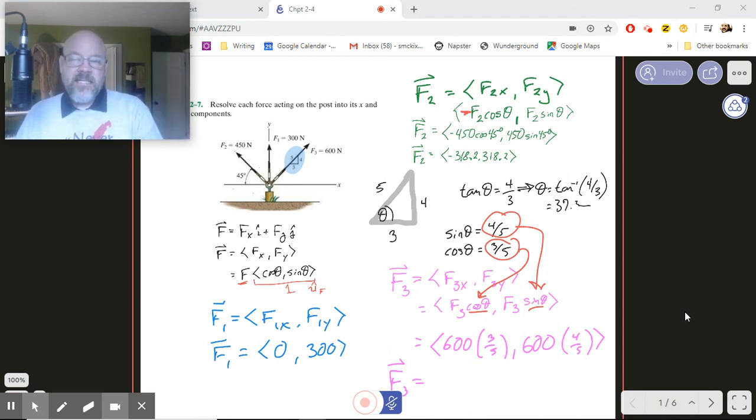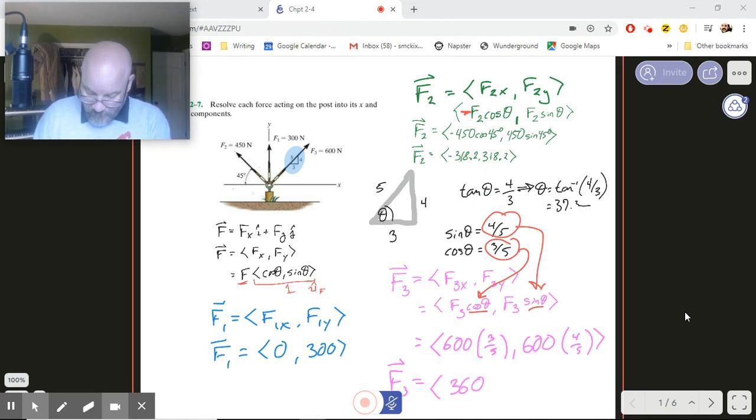Well, 60 divided by 5 is 12, so that's where the 120 comes from. Just take it times 10. So I've got 120 times 3, which is 12 times 3 is 36, add an extra 0, so we're looking at 360. And then 120 times 4 is going to be 480.